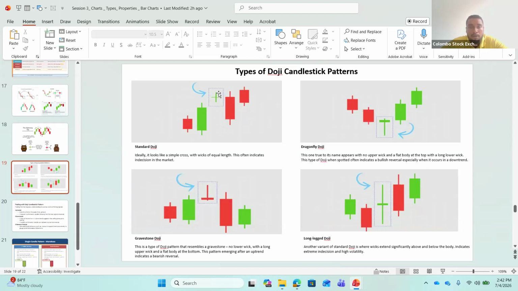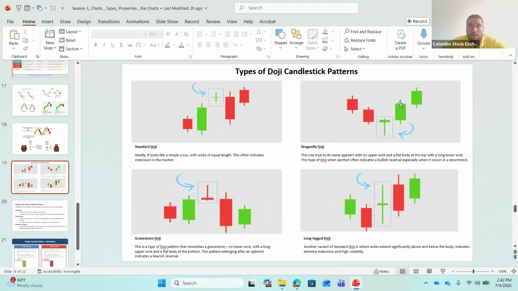That means the start of a downtrend. And here also, you have to wait for the next candle formation. After this doji, you see the candle is green, a bullish candle, so it probably means there could be a bullish reversal.